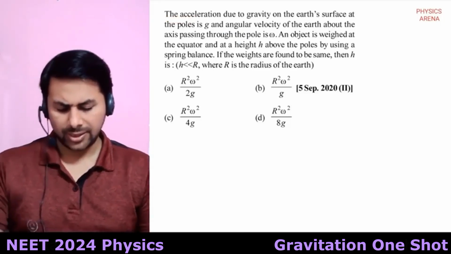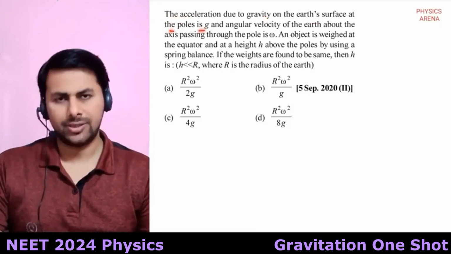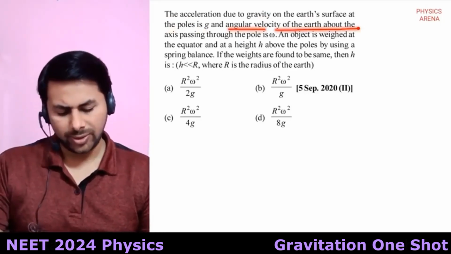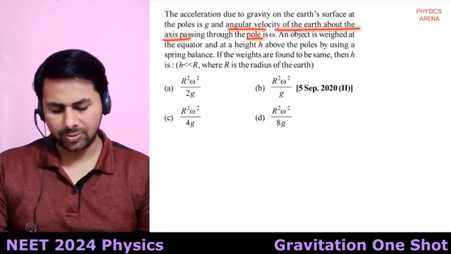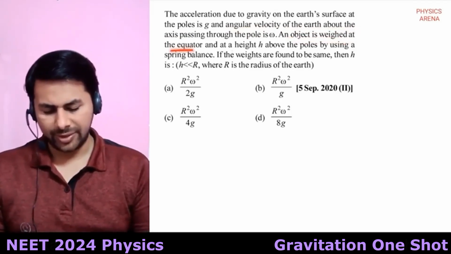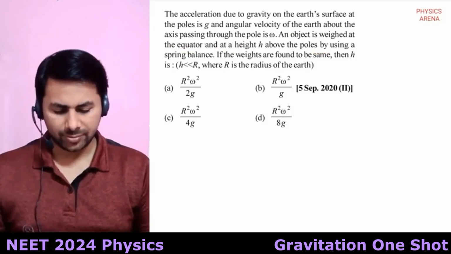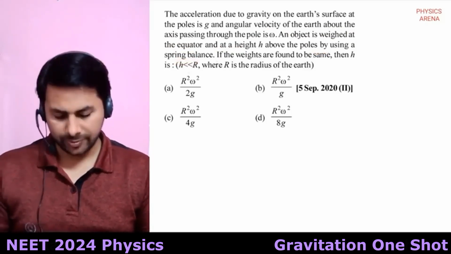Next question. The acceleration due to gravity on Earth's surface at poles is g, and the angular velocity of Earth about the axis passing through poles is omega. An object is weighed at the equator and at a height h above the poles by using a spring balance.